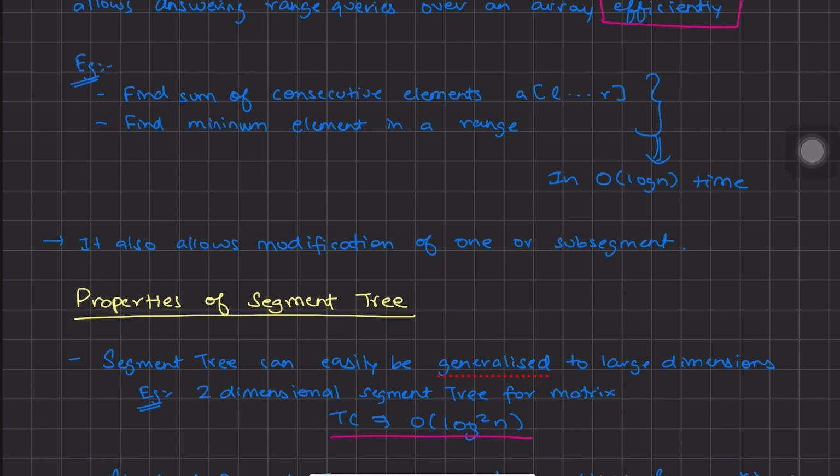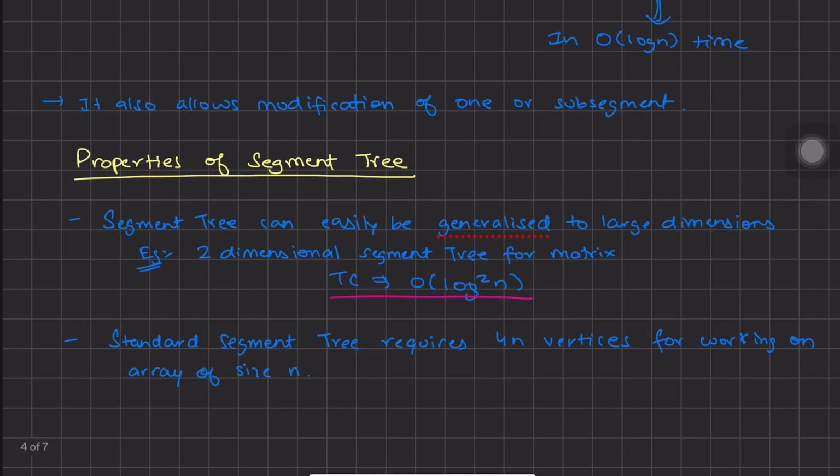Then a segment tree in this case would be much more efficient, because update queries in a segment tree also take log n time, and after that if you want to find the sum of the range, it will also take log of n, which is much faster than the prefix sum approach.